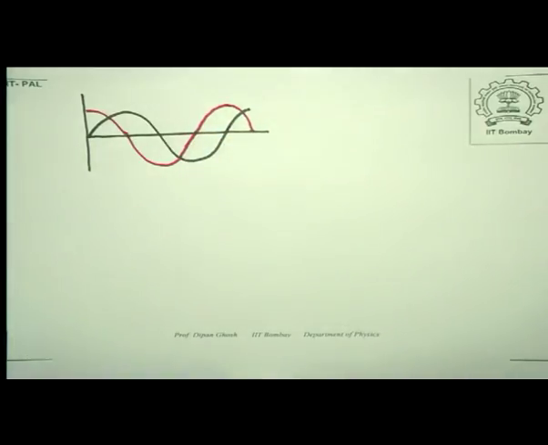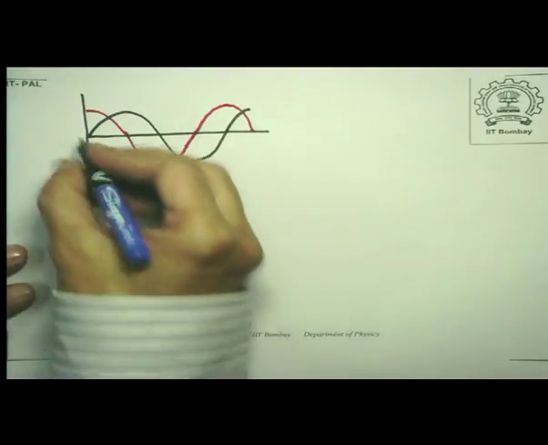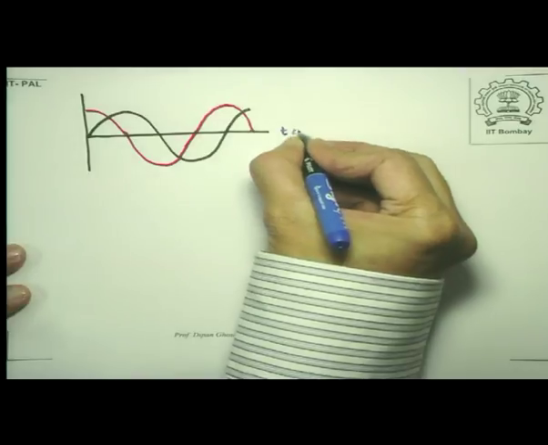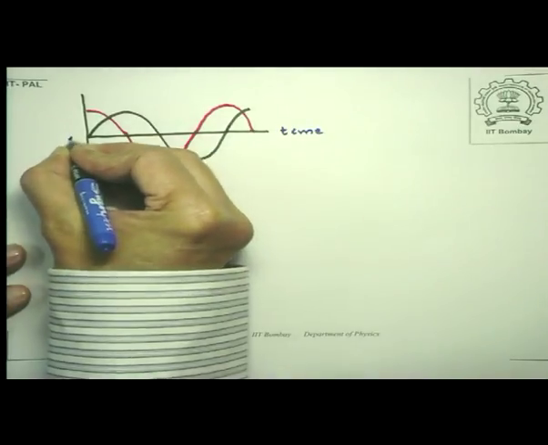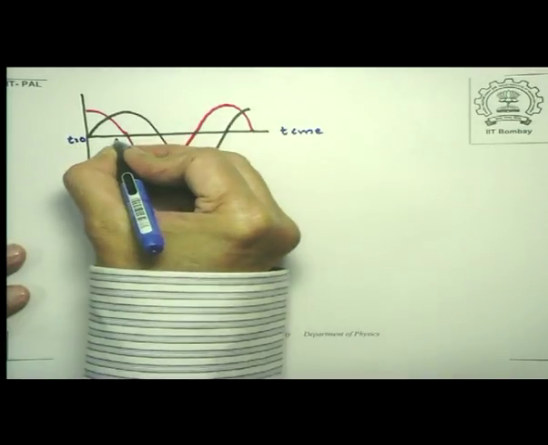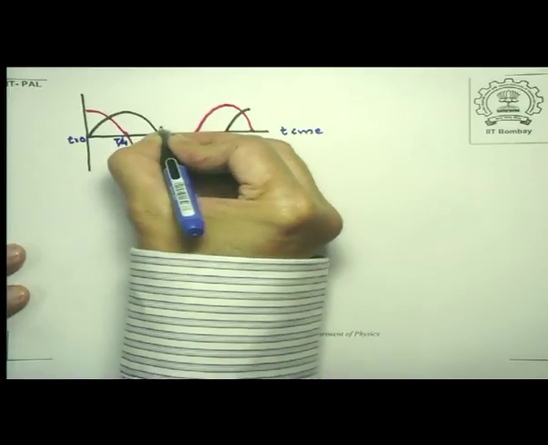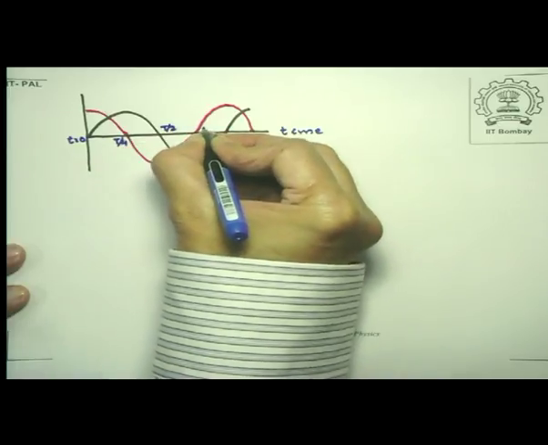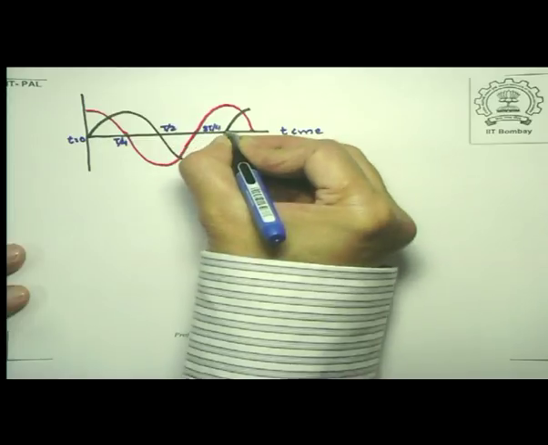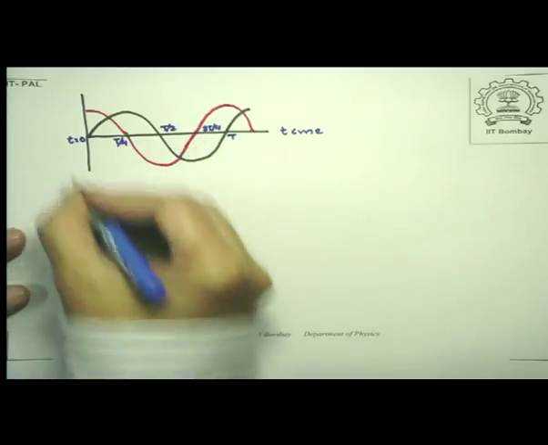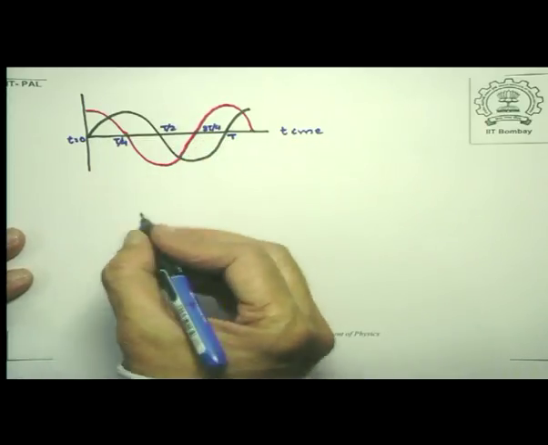Okay, so notice what's happening. Supposing this is my time axis and this is time t equal to 0, and this is T by 4, T by 2, 3T by 4 and T. So look at what happens at t equal to 0.